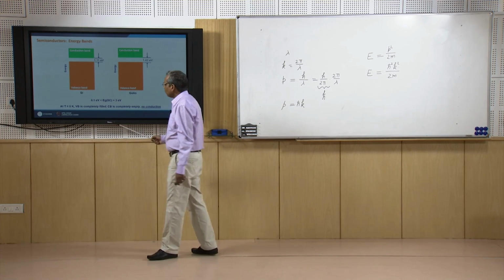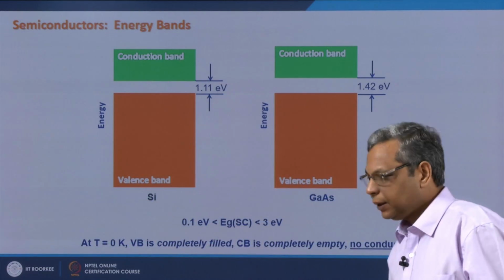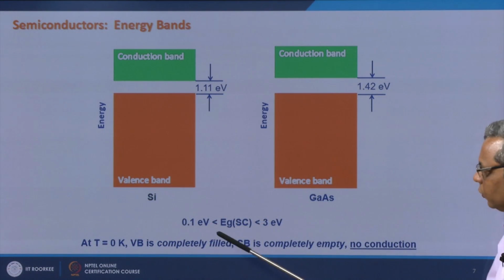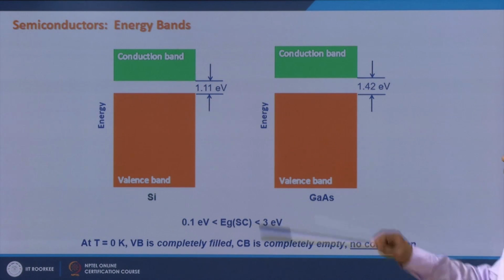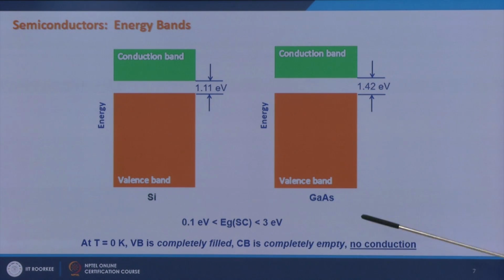The band gap of a semiconductor typically lies between 0.1 electron volt and 3 electron volts. For silicon it is 1.1 and for gallium arsenide it is 1.42.